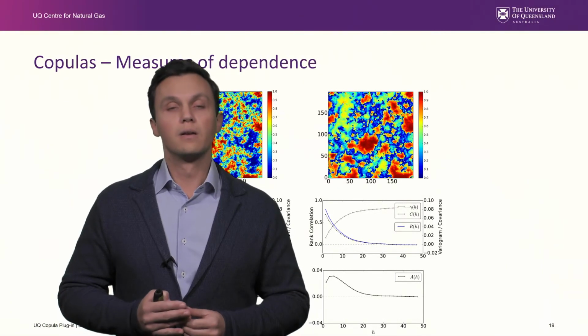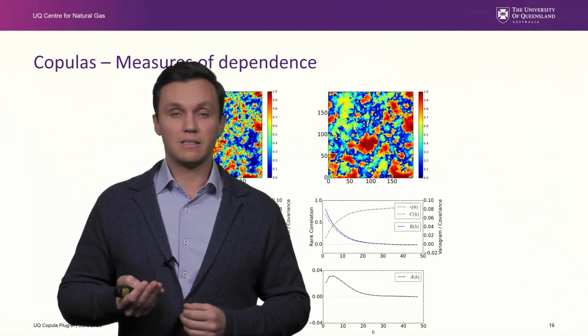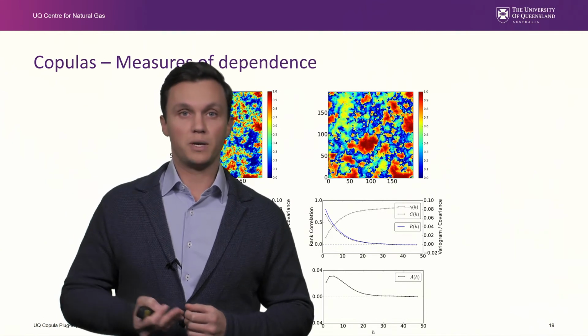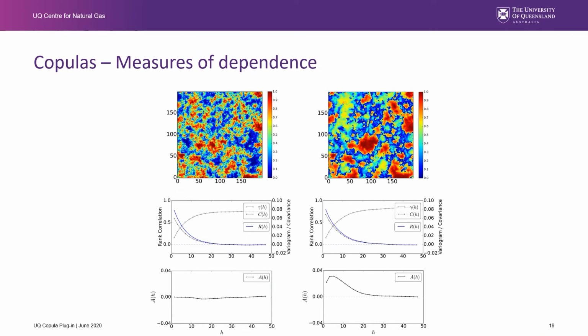However, the asymmetry function as a third order moment is able to tell us something about the asymmetry in those spatial fields. If you have a look at the asymmetry function, which is the function at the bottom of the plot, for the left-hand side field, for the Gaussian field, you can see that the function is pretty much 0 for every separation distance, which means we have a 0 asymmetry, which means we have a symmetric random field, so to say a Gaussian field.